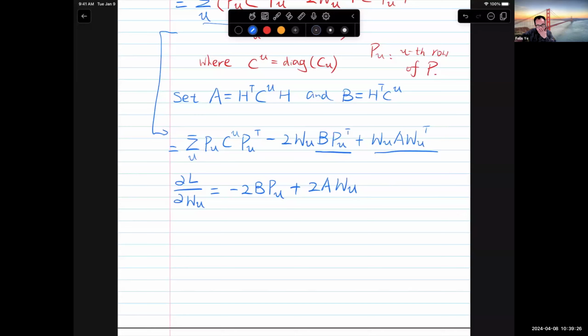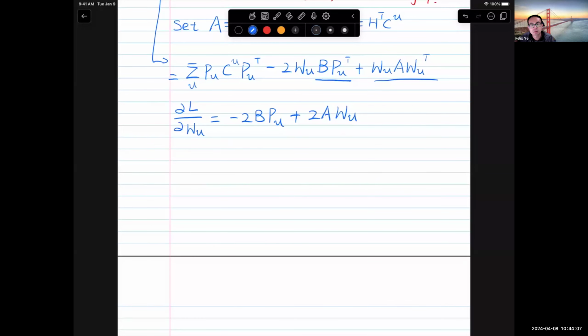BU transpose. Just a second. I think I might miss something. Yeah, I think there's a mistake here. This should be transpose, I'm missing here. Right here, so this A is this P U transpose. For the partial derivative, this is missing a transpose here.